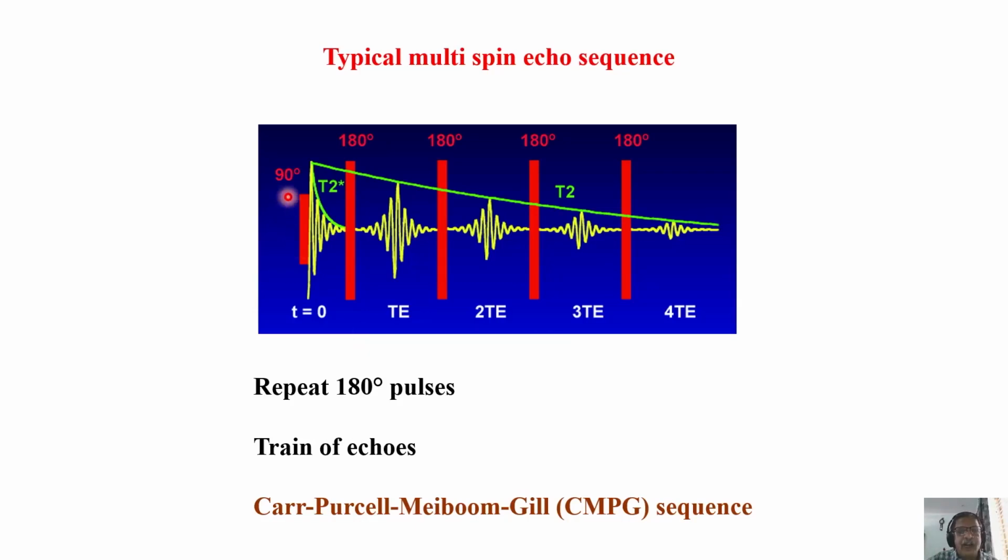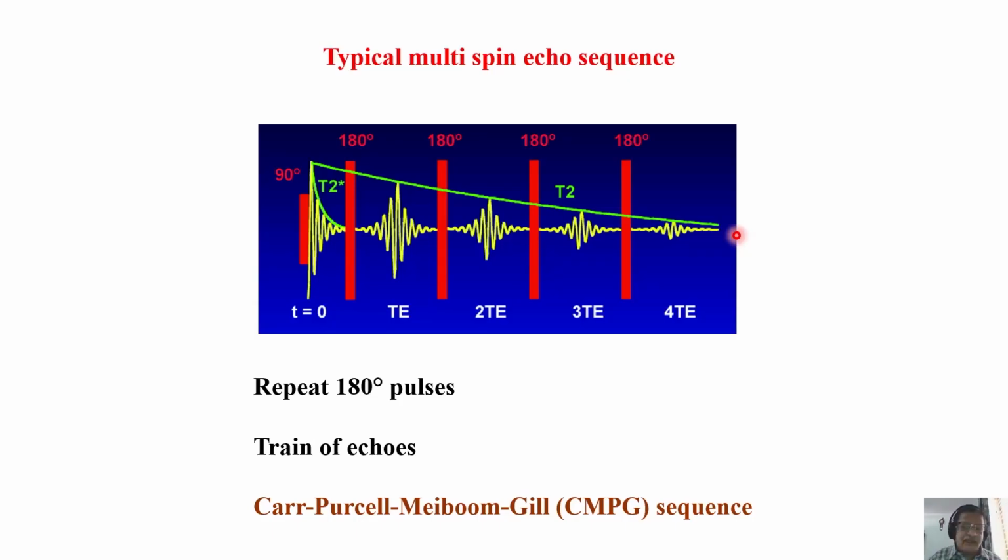For measuring T2, you adopt a spin echo sequence. You can have multiple echoes like the Carr-Purcell-Meiboom-Gill sequence, and you get the echo amplitude. That is a decaying function again. Measure the echo amplitude at every echo and fit it into the decaying function. Then you get the T2 value.